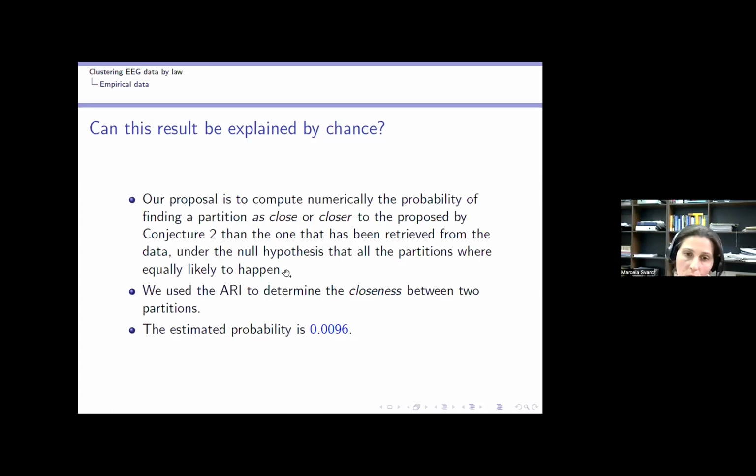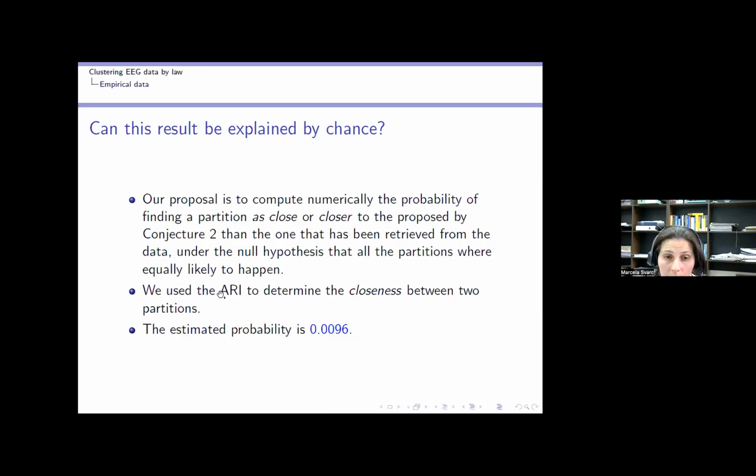This is an unusual way to think of non-parametric tests, no? So what we have done is simulate many partitions, and we compared the theoretical partition, the one proposed by conjecture 2, with the ones that we simulated.